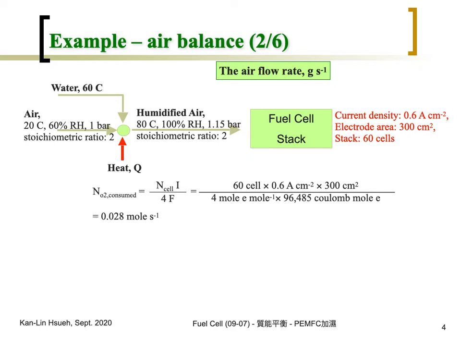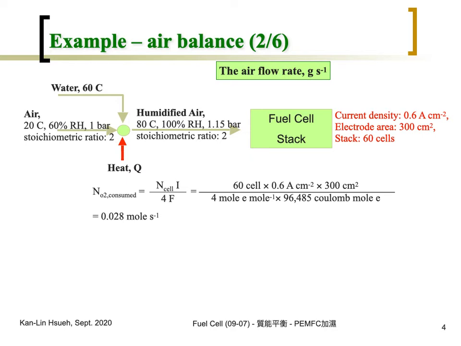The number of cells is 60 connected in series, and the current is equal to the current density 0.6 A per centimeter square times the electrode area 300 centimeters square. That gives you the total current output from the stack, divided by 4 and F. This we got 0.028 mole per second. This is the oxygen required, or the oxygen consumed in the fuel cell.